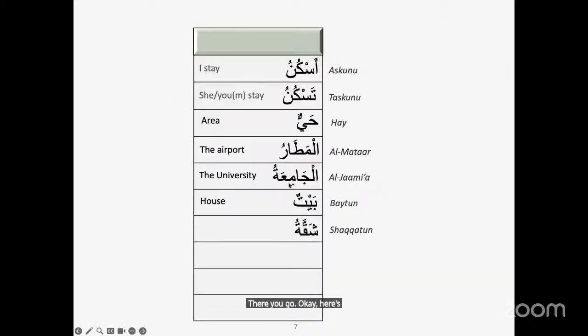Here's another word: shaqqatun. This is an important word, especially in the Arab world.